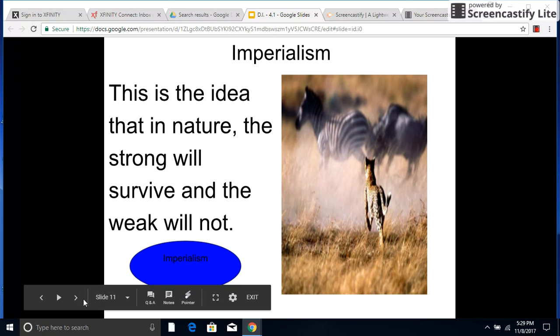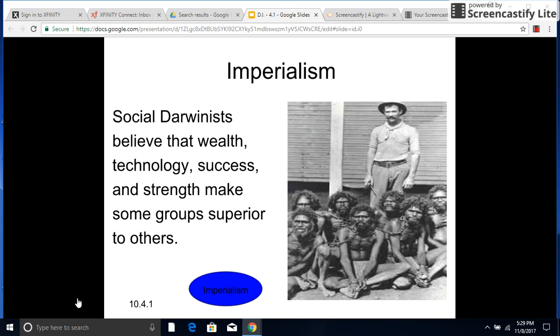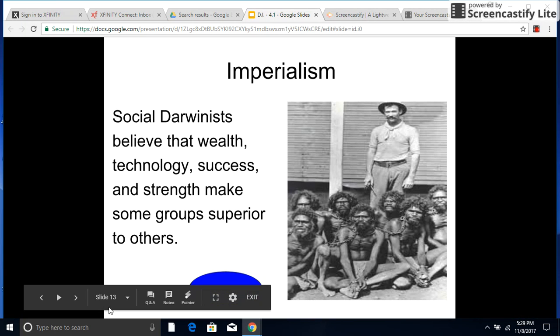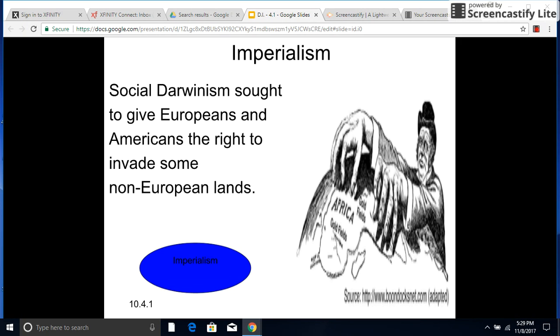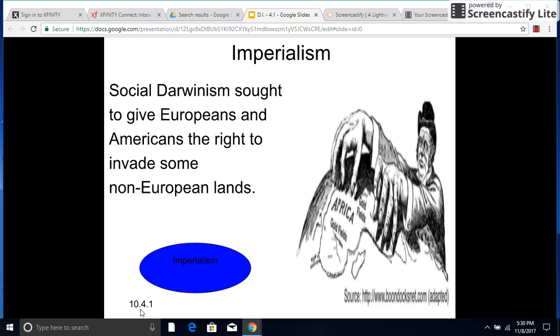Social Darwinists believed that wealth, technology, and success and strength make some groups superior to others. Social Darwinism sought to give Europeans and Americans the right to invade some non-European lands. So just like in the animal kingdom, the lion has the right, because of who it is, to hunt.